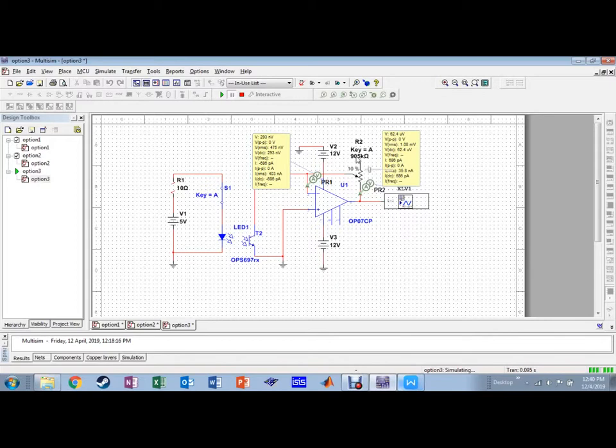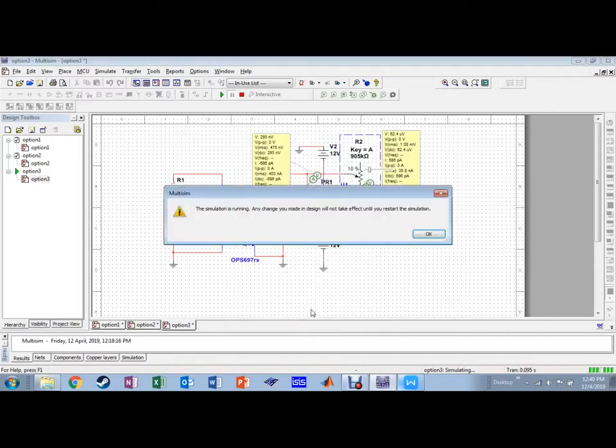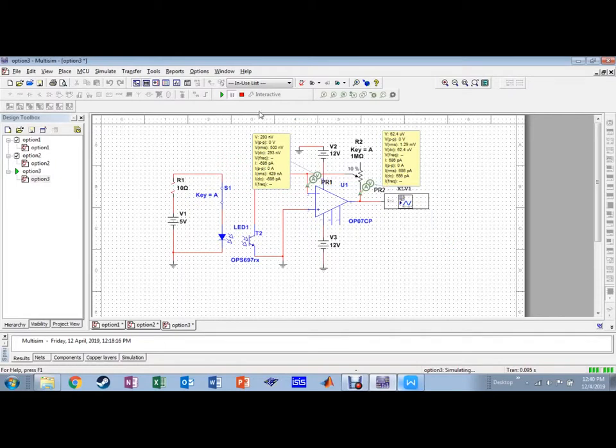Okay, as I said before, we need to change the value of resistance from 50k to 1 mega. Let's try lastly for 1 mega. Run it again. The value here at point D remains the same. Meanwhile, at point F, 68.9 microvolt and 686 picoampere.